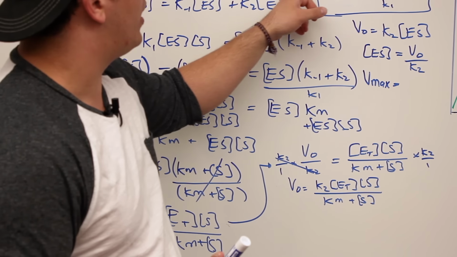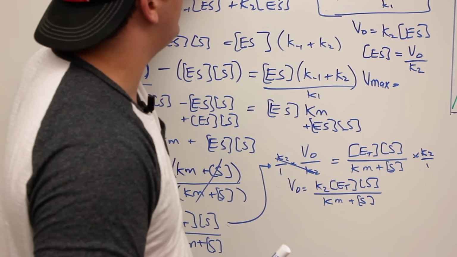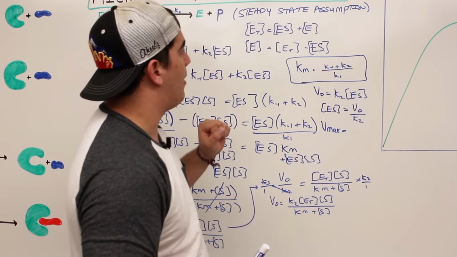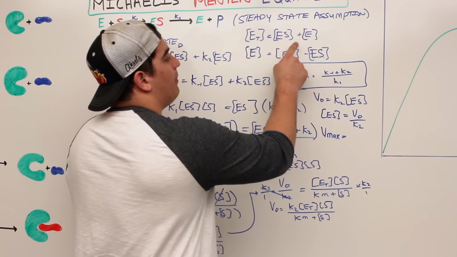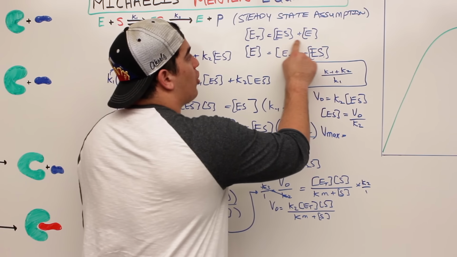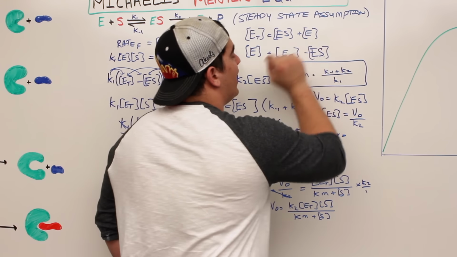Our enzyme is equal to our enzyme total minus the enzyme substrate. Or we can say the total amount of enzyme is equal to enzyme substrate plus the enzyme. Now, there is a certain point in time when we reach maximum velocity, Vmax, in which all of the enzyme substrate is completely formed and there's no free enzyme left.